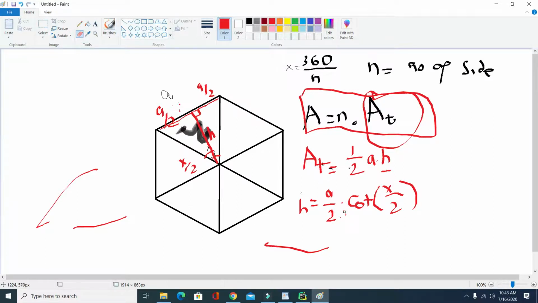So that basically, because in Python we don't have cotangent as a function, so we can say A over 2 times tan of X over 2.